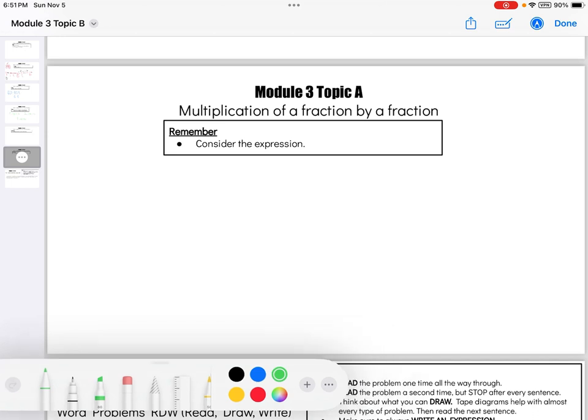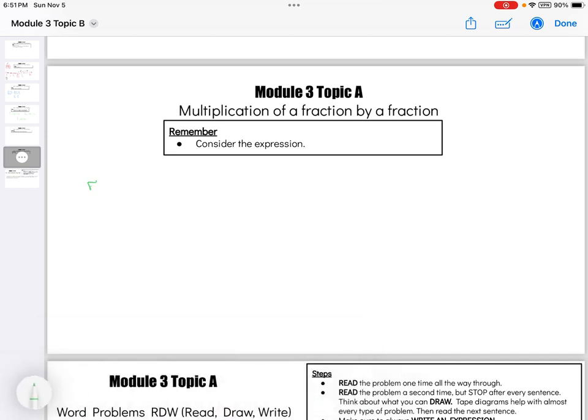What if I have 5/3 and I'm multiplying it by 5/2? Is blank 5/2? Well, you're going to have to determine, is it going to be greater than 5/2 or is it going to be less than 5/2, and why?